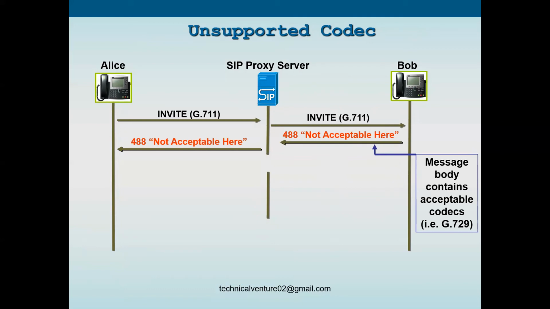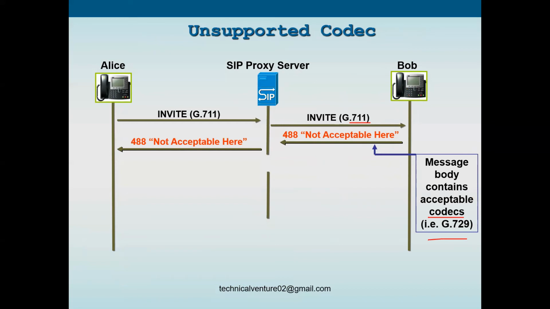Bob is not accepting this codec. The message body contains the acceptable codec, that is G729, saying I only have G729, so I'm unable to accept G711.